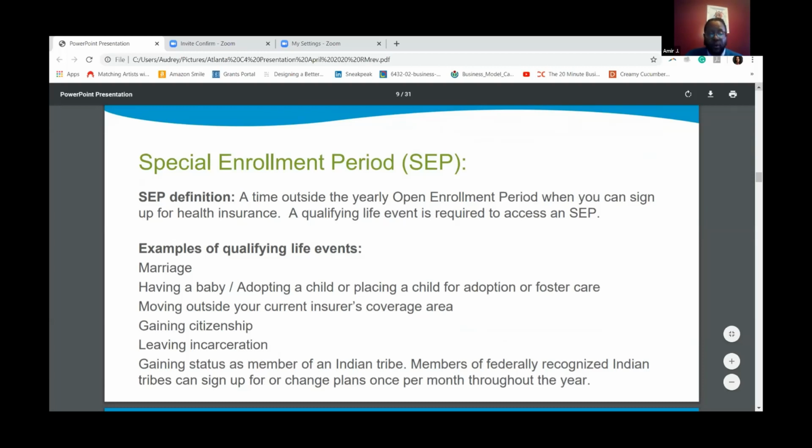So with qualifying life events for special enrollment periods, it's important to note that those enrollment periods have a specific window in which you can apply. You have 60 days to 90 days, depending upon the qualifying life event, to purchase insurance via that special enrollment period.